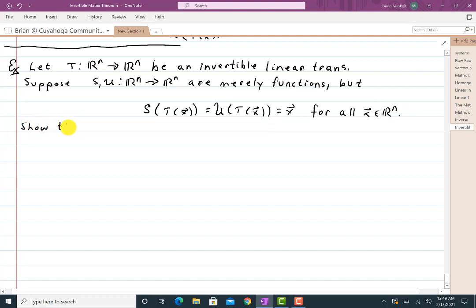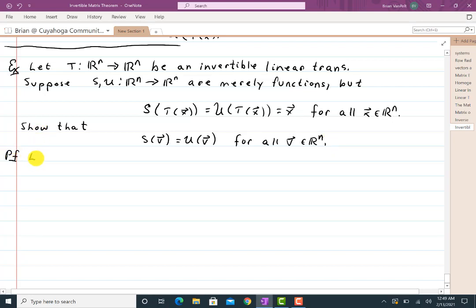Show that S of v equals U of v for all v in Rn. Basically, just show the functions S and U are equal to each other.